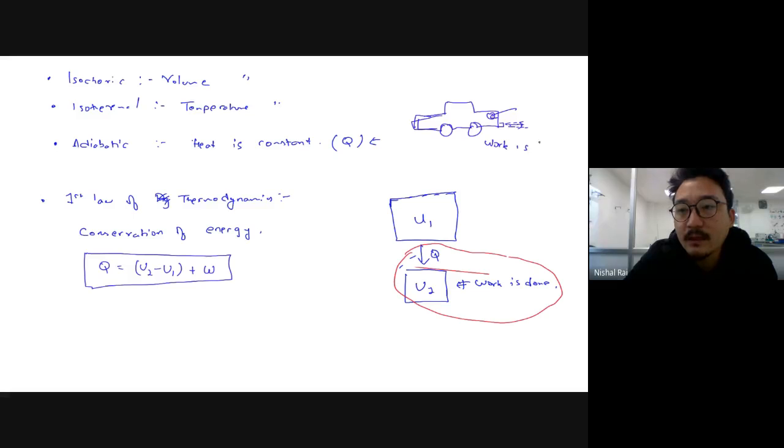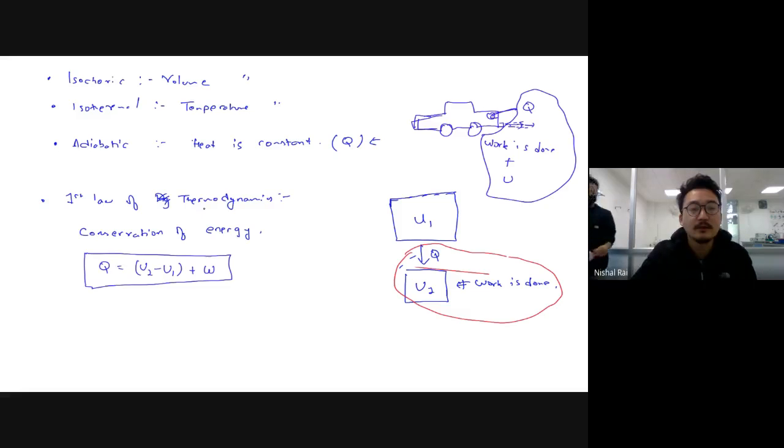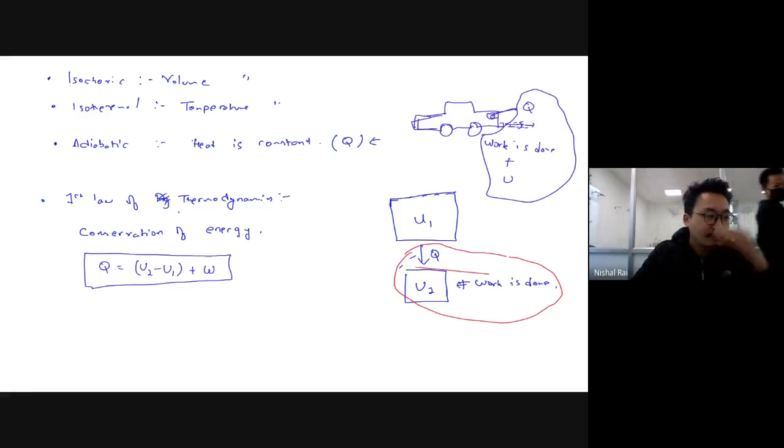The energy which you supply by putting fuel will go through different processes like combustion and all. Then the total amount of heat which you have supplied has gone into a certain amount of work done plus it has changed your internal energy. So that is basically your first law of thermodynamics. Clear?